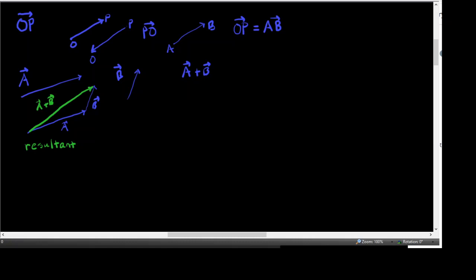Okay, so now if I were to draw vector A over here, pretend like that's vector A. Not sure I got the direction and magnitude exactly right.